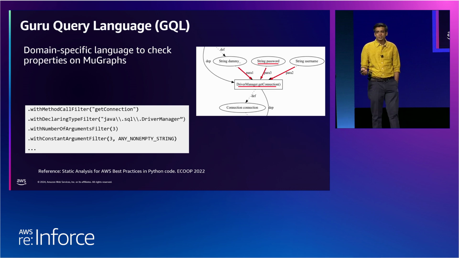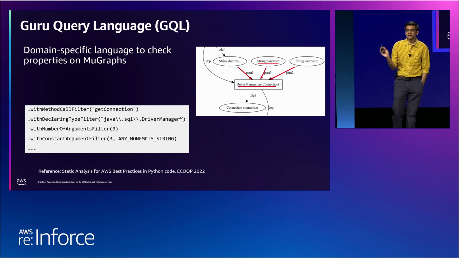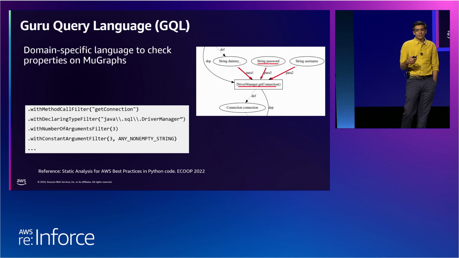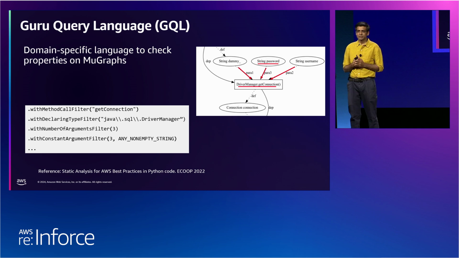We want to further make sure that there are 3 arguments that are passed to this call, so we are not spuriously raising false alarms if the developer is using a different overload of this method. And finally, we check that the 3rd argument, which corresponds to the password, is a hard-coded string literal.